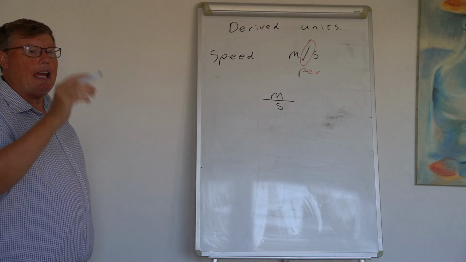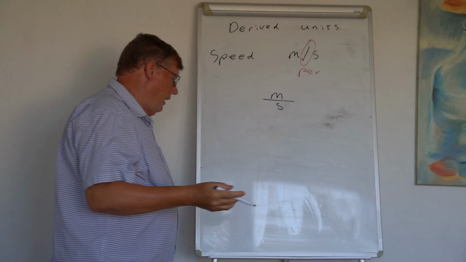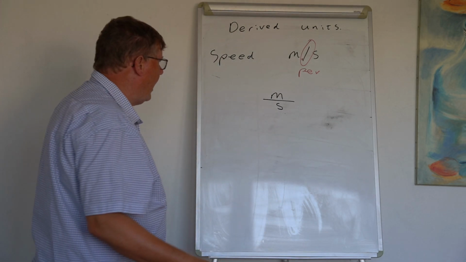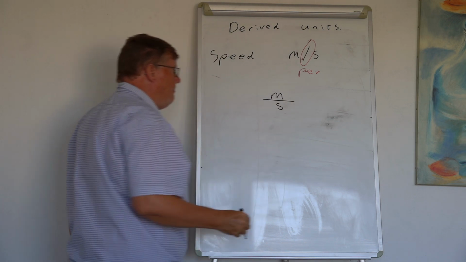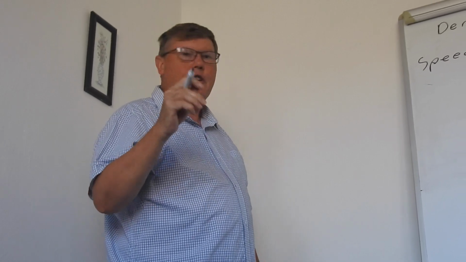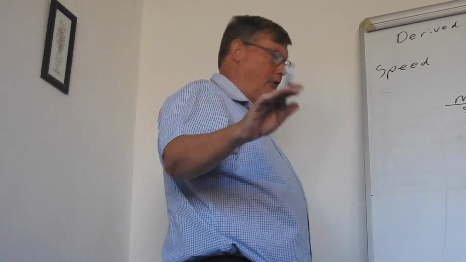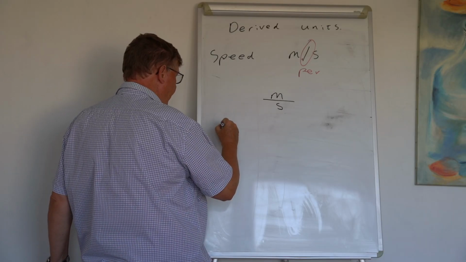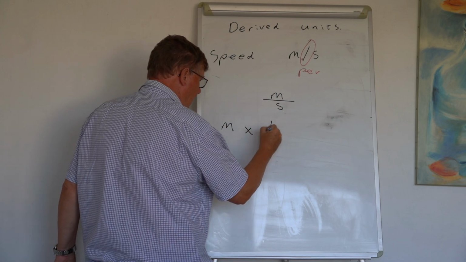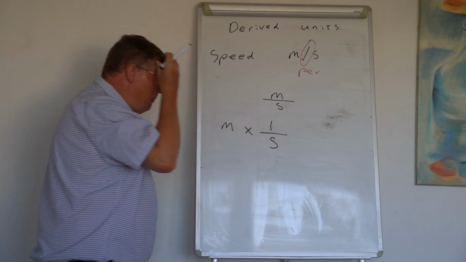So the equation for speed is whatever the length is in meters divided by seconds, meters per second. However, you are now doing IBDP Physics, or you're doing some sort of A-level course, and we don't write speed as m/s anymore. You need to know this. This is a maths thing, not really a science thing. If I take something and I divide by s, it's the same as multiplying by the reciprocal.